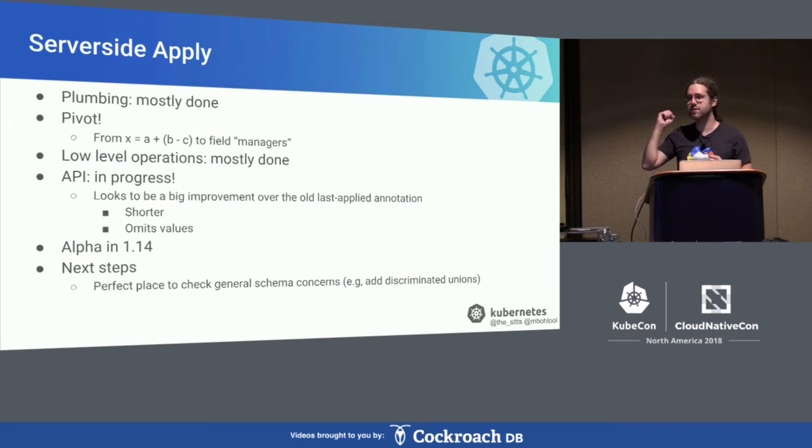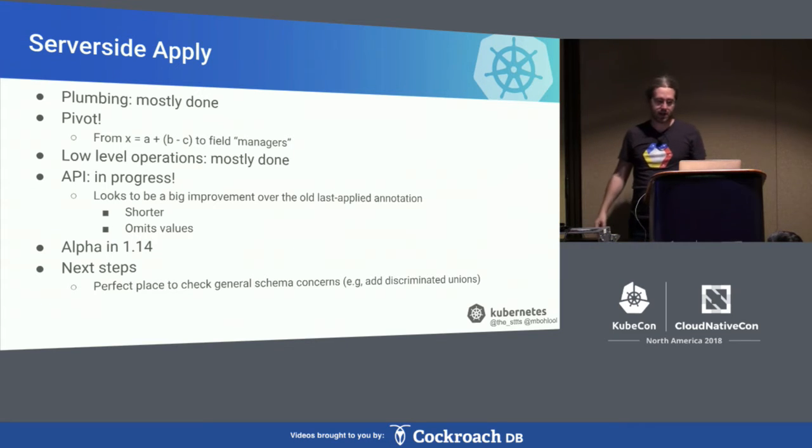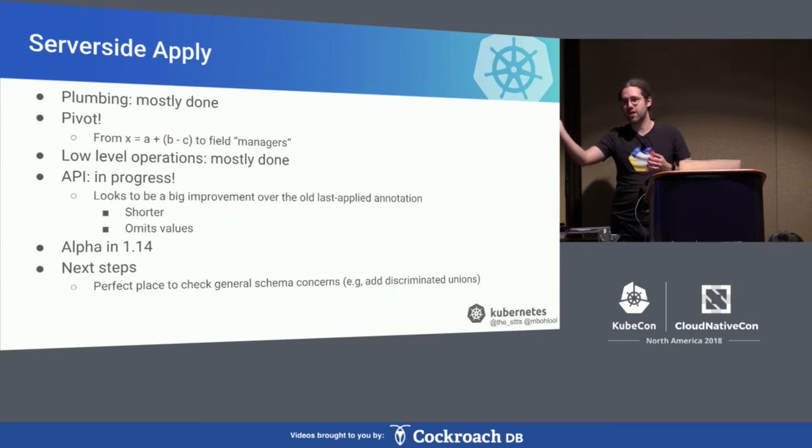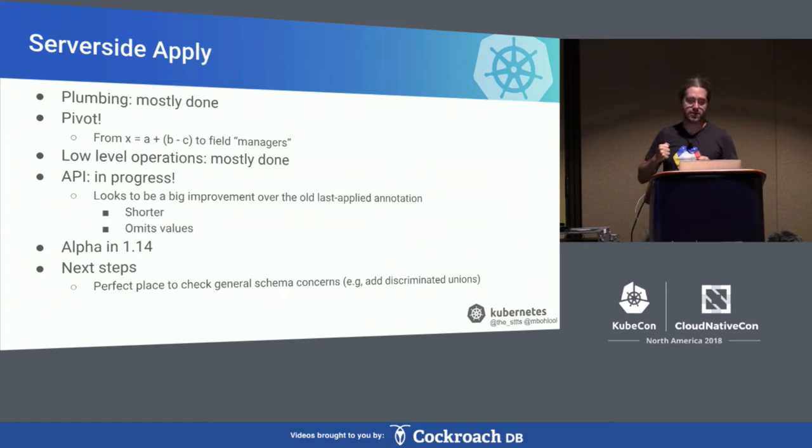You need to explicitly say, I know some other component or some other actor in the system thinks that they're managing this field, but now I'm managing it. And this is to force the user to be cognizant that they're fighting with some other actor in the system. Okay, so that's essentially what happens when the user applies, and of course, if the user does force, then we take that field away from the other actor and add it to the user set.